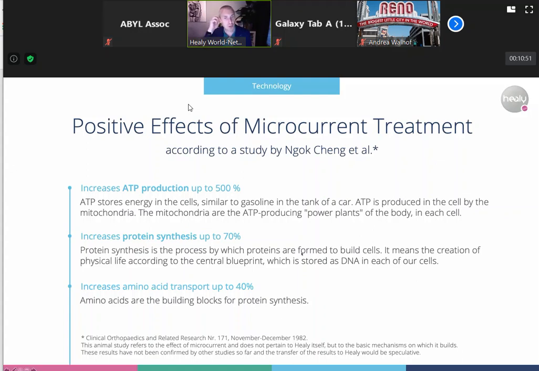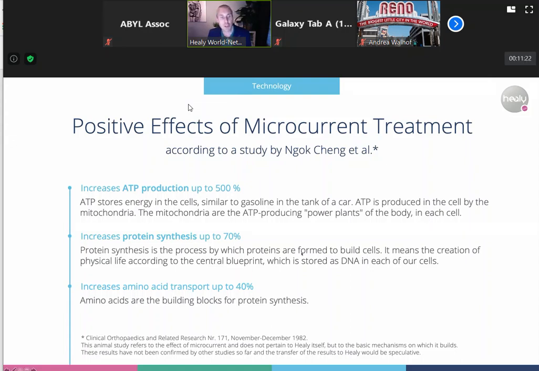That's the process where protein structures are being formed to build cells and to copy our DNA better. And that results in more mitochondria being produced. Mitochondria are the ATP-producing power plants of the body, and they are in each cell. So the more mitochondria, the more ATP can be produced, and that's your energy substance.